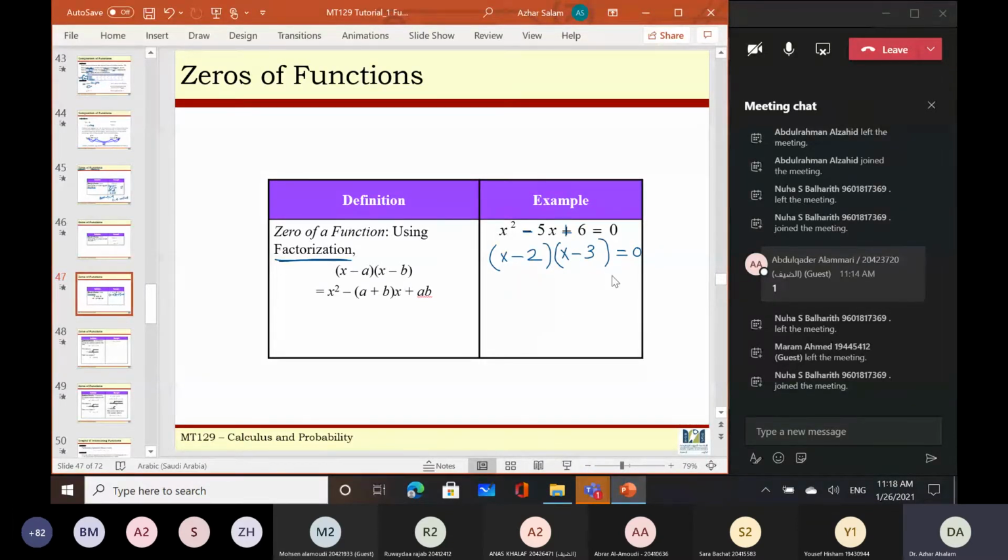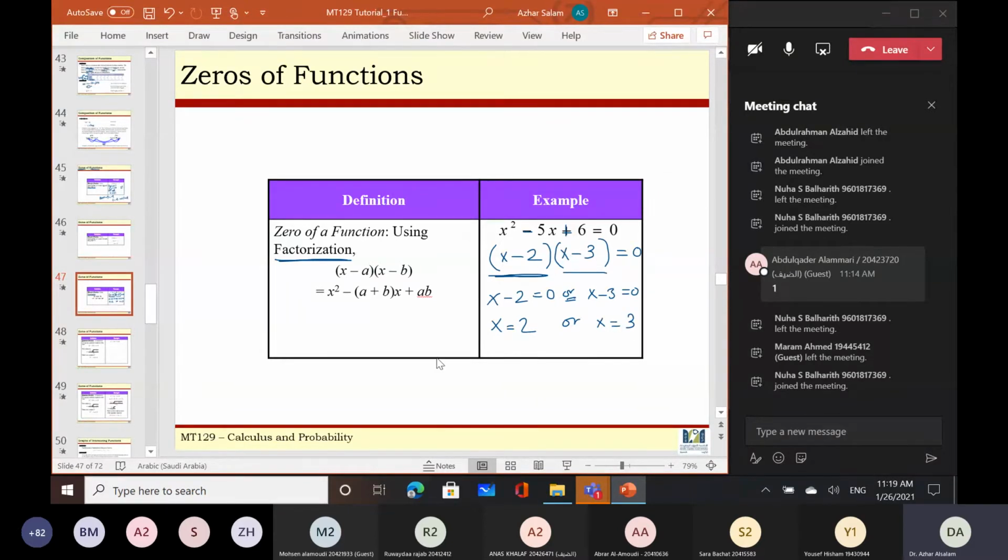Okay, to complete the solution, I take the first bracket equal to 0 or the second bracket equal to 0. So I write it like that: x minus 2 equals 0 or x minus 3 equals 0. So x equals 2 or x equals 3.